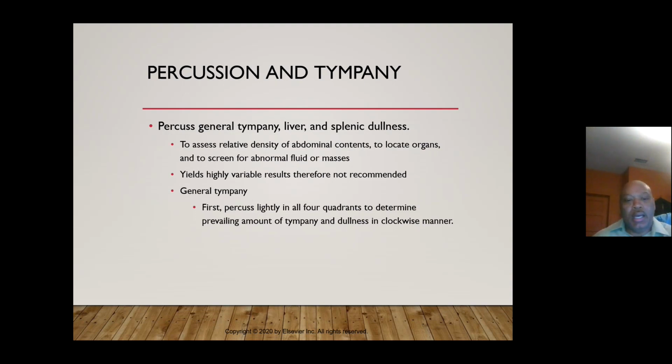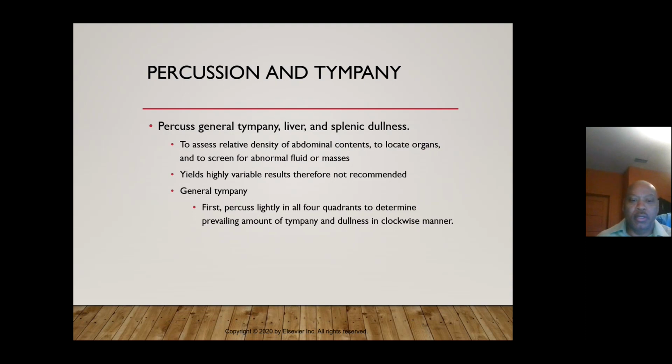Now, traditionally, the upper and the lower borders of the liver were identified by percussion in order to estimate the size or the span, how much the liver actually spans. This technique of measuring the liver span actually underestimates the true size of the liver because clinicians typically place the upper border too low and or the lower border too high.